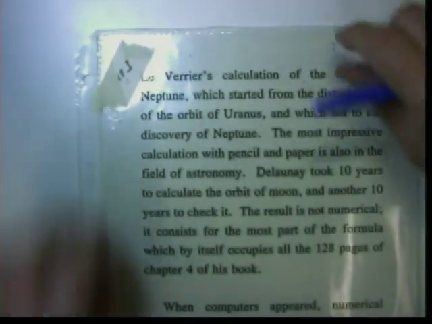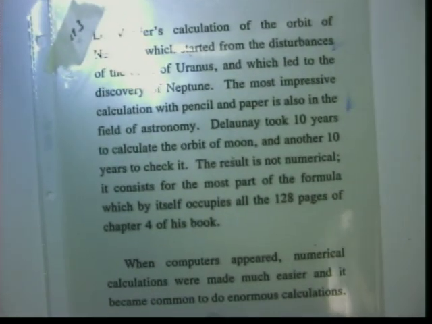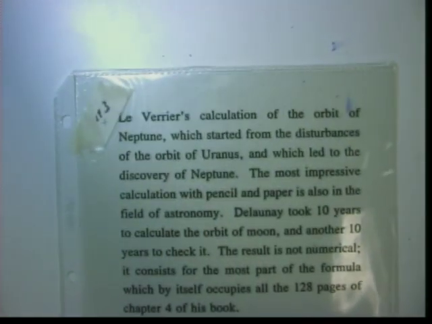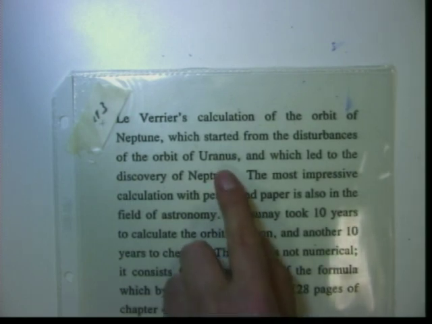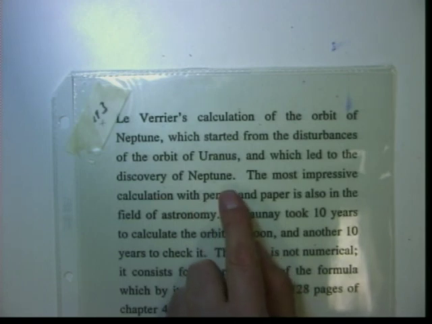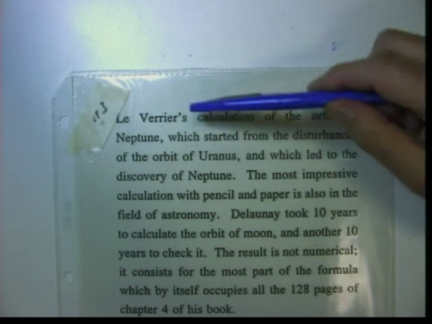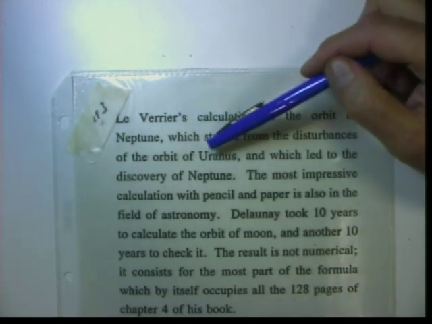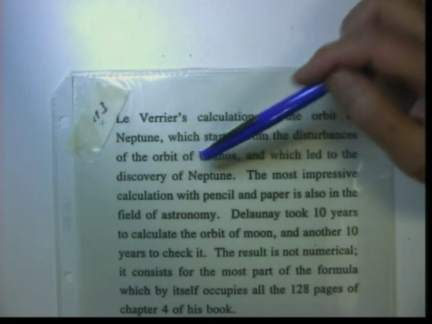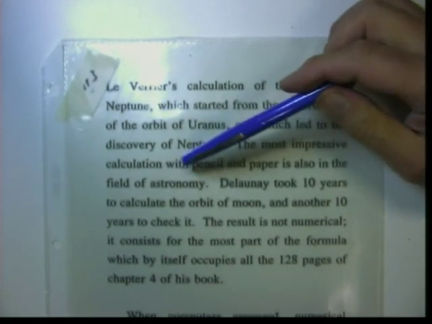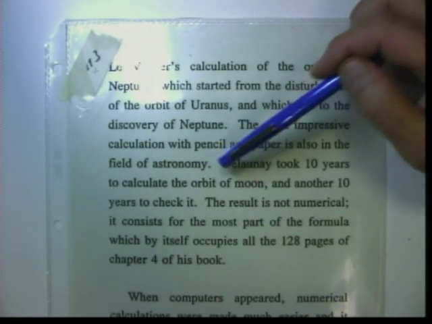Most famous probably is Leverrier's calculation of the orbit of Neptune, which started from the disturbances of orbit of Uranus and which led to the discovery of Neptune.